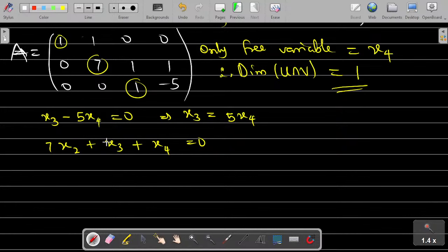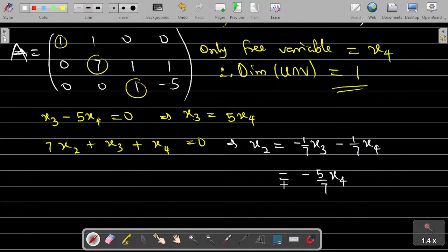Which is going to give us, I think we have done that before also, x2 equal to minus 1 over 7 x3, then minus 1 over 7 x4. But we already have x3, and x3 is 5x4. So I replace this with 5x4, and that gave me minus 5 over 7 x4.